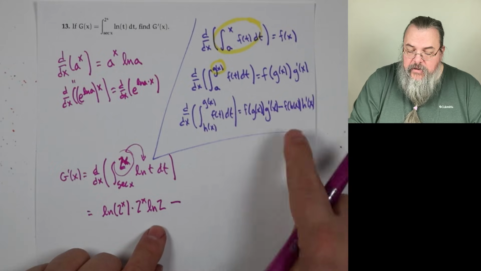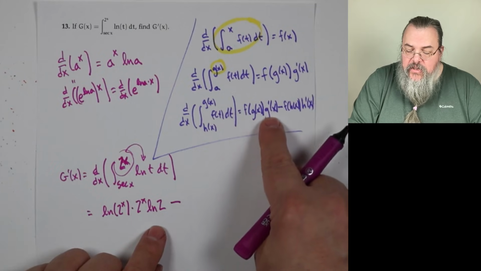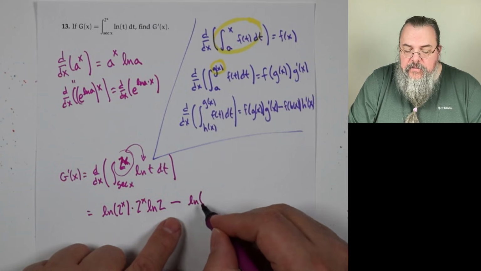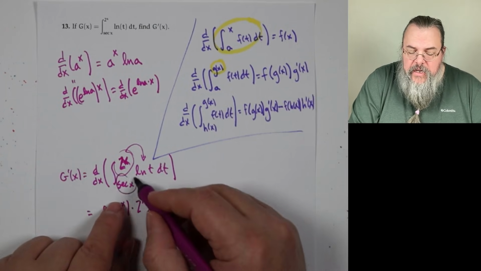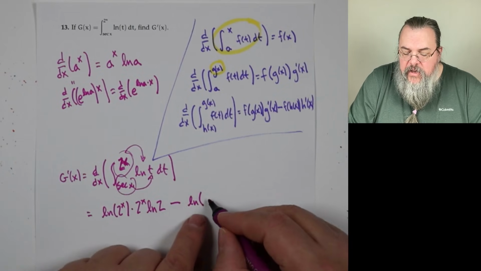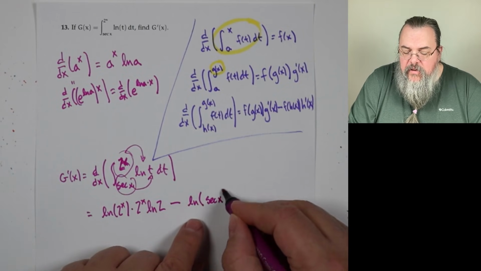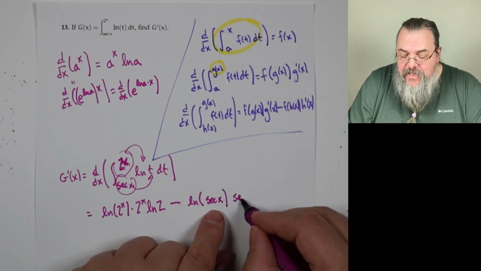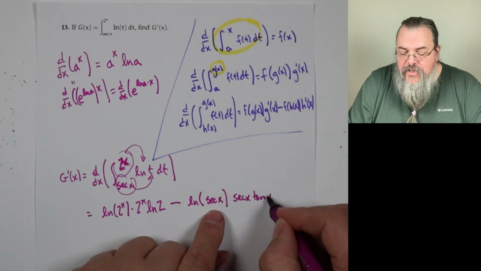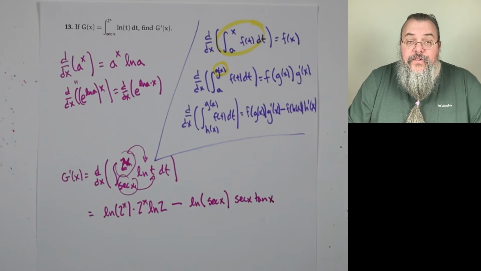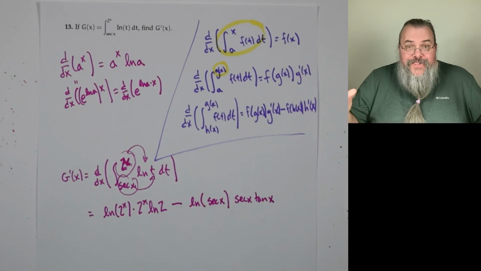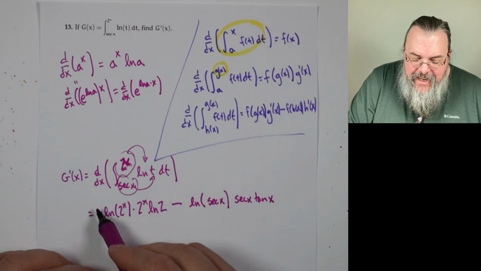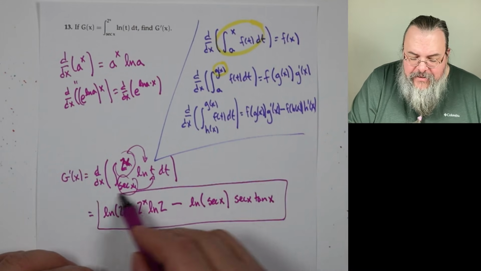Minus, right, because it's f of g of x times g prime of x minus ln of, now we're plugging the secant x in, so ln secant x times the derivative of secant, which is secant tangent. And we don't have anything else. There's no plus c because we're not integrating, we're differentiating. And that is a perfectly valid answer.